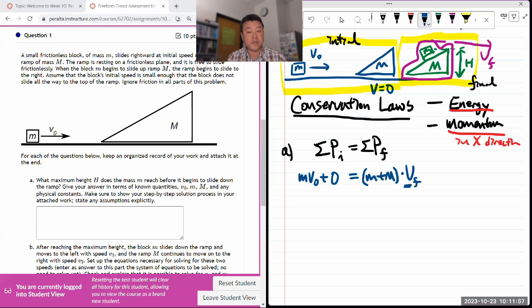This is the unknown that you might be trying to solve for, except that the question is actually asking for the height. So you have one equation and one unknown, which is fine, except it's not the unknown you are trying to find. You want to find h, which is an entirely different unknown that your equation doesn't relate to.